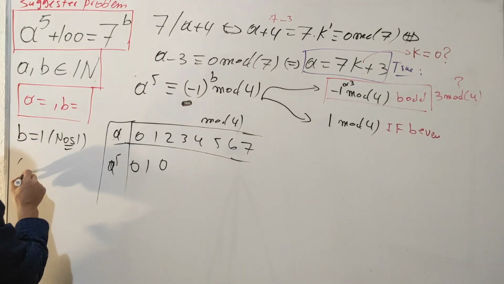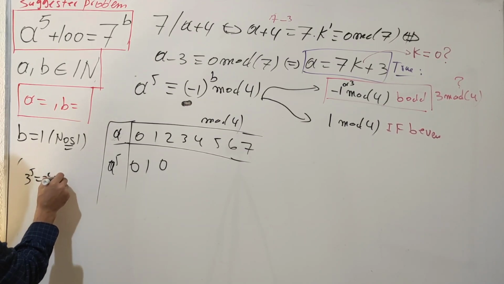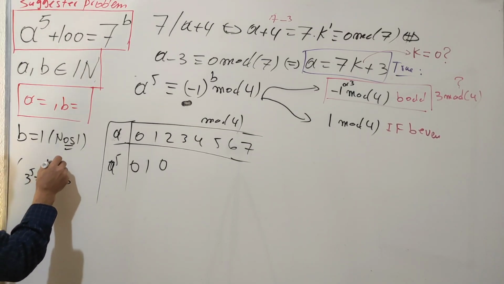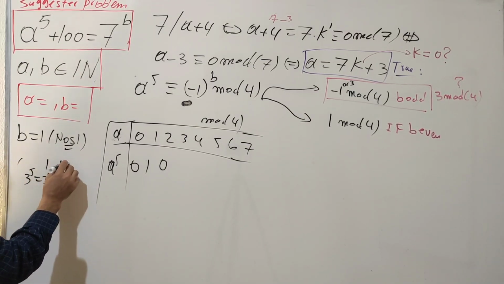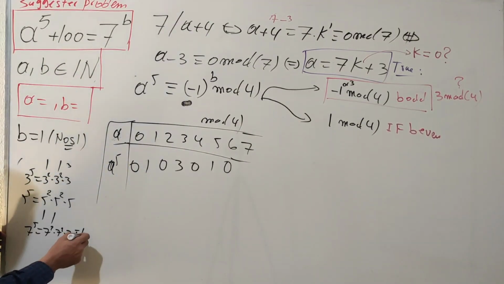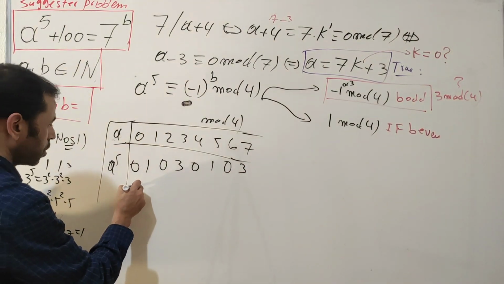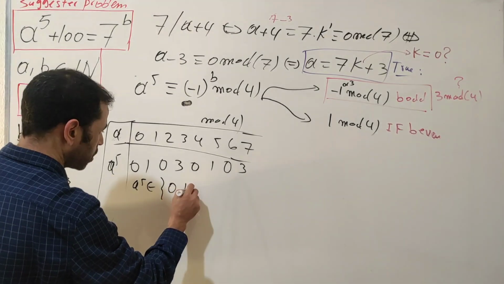Let's do it here. 3 to the 5th is the same as 3 squared multiplied by 3 squared multiplied by 3. 3 squared is 9, remainder 1. This one is remainder 1. This one is 3. You will have 3 as a remainder for the 4th. So the remainder 1, 7, I get 3 also here. So it seems a to the 5th belongs to this set 0, 1, and 3 only.